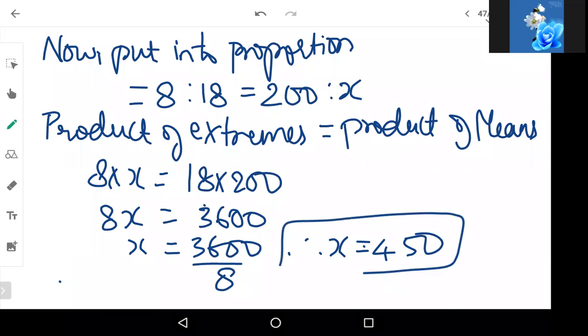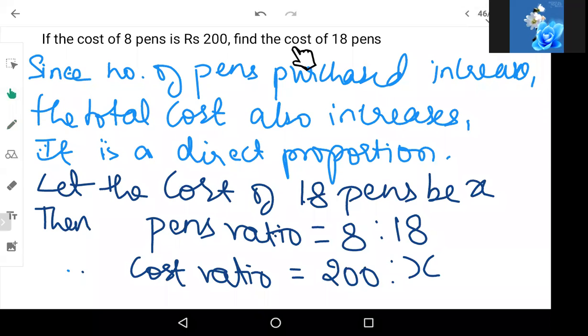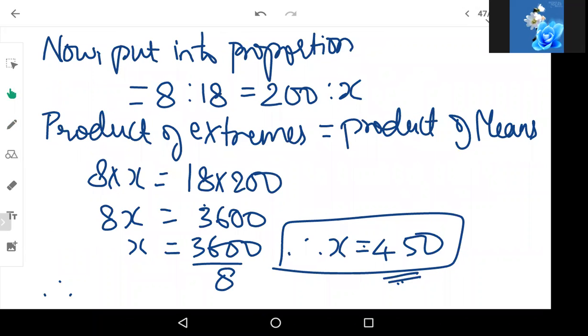So what should be the conclusion? Very good. Everybody has got the answer. What should be the conclusion? Therefore, what have they asked us to find out? They've asked us to find out the cost of 18 pens. So the conclusion also should be in a similar way.